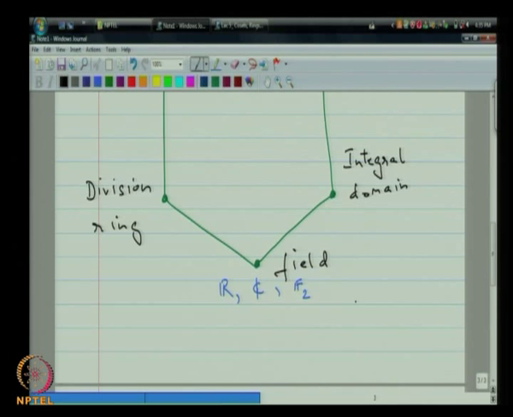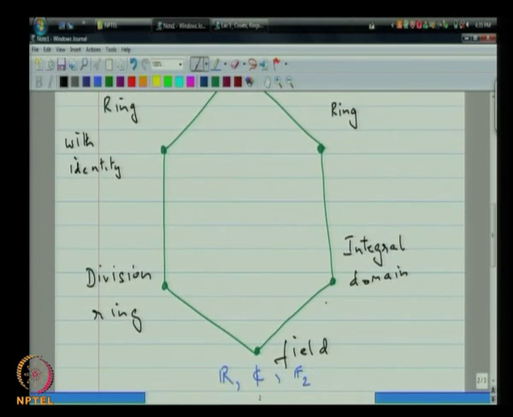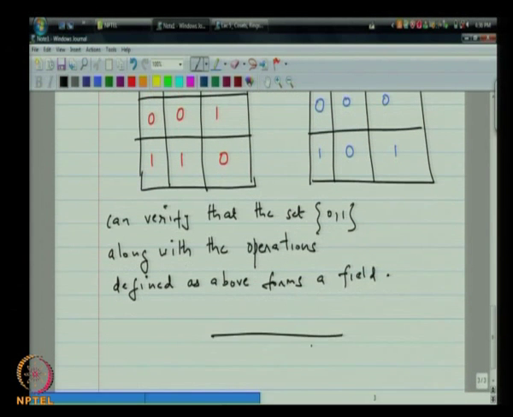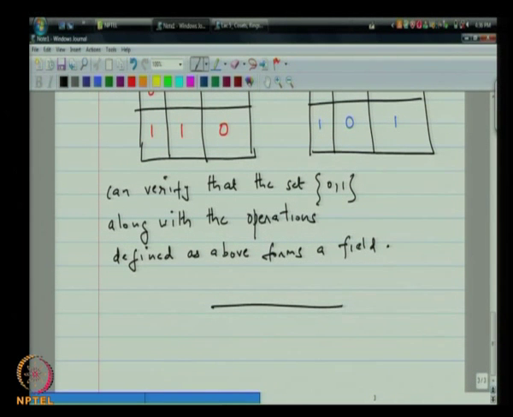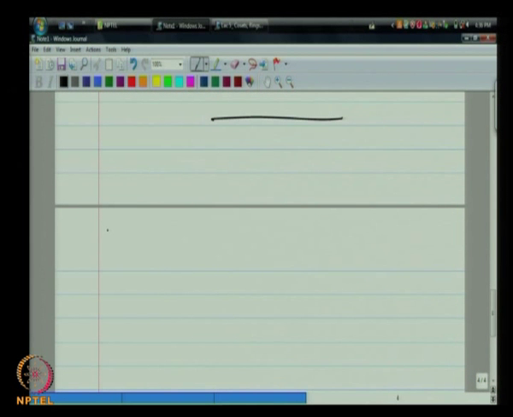With that, we are now clear why it is that we have these 3 examples sitting here. So, on the topic of rings I would like to introduce some other examples as well. So, further examples of rings.